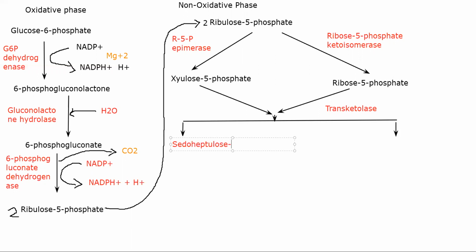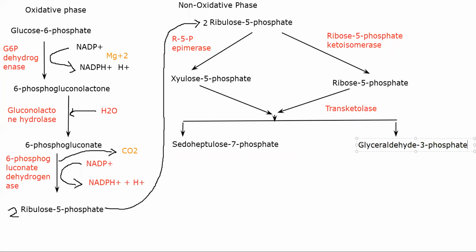sedoheptulose 7-phosphate and one molecule of glyceraldehyde 3-phosphate. Basically what I'm doing is I'm taking 5 carbon molecules. So I totally have a 10 carbon molecule, in the form of two 5 carbon molecules.